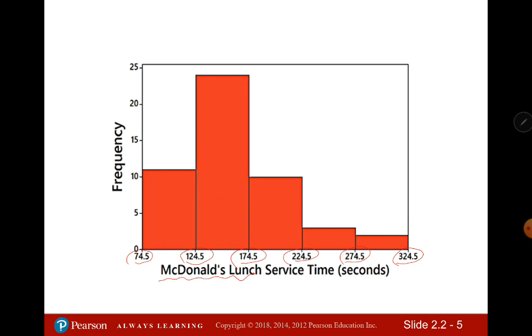We have 5 bars, which means we have 5 classes, but we need 6 boundaries to draw our 5 bars. So these values are again the boundaries. The height of each bar just shows you how many values are in this group. This is how we draw a histogram. We should use the frequency table.